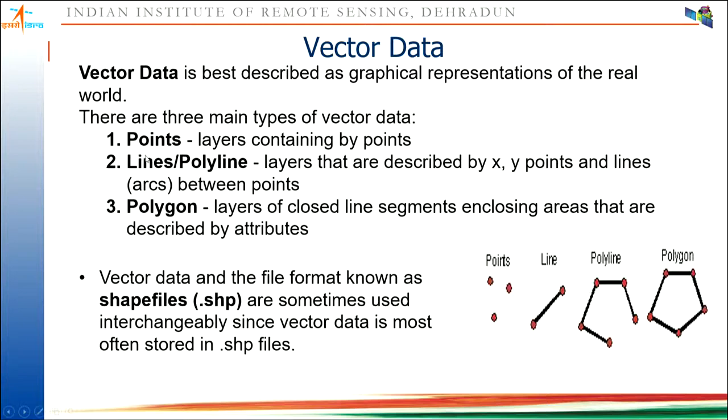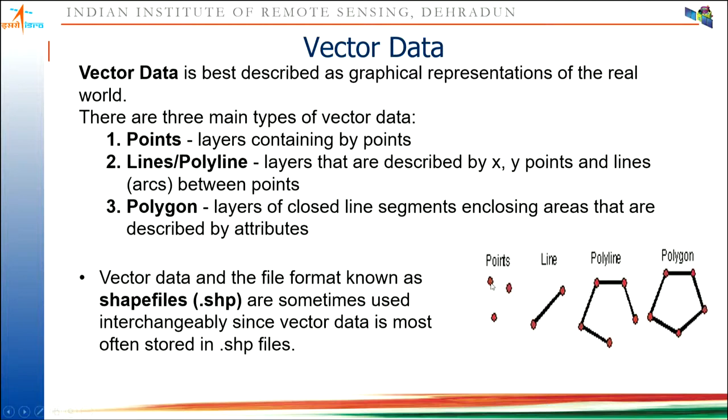Lines can be, for example, a railway network or roads, which can be represented using lines. Polygons, suppose you want to represent the area or perimeter of any district or any block or any state, for that we can use polygons. And next is how it is represented.